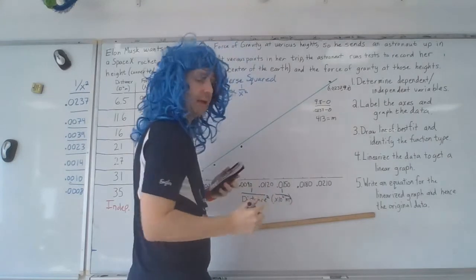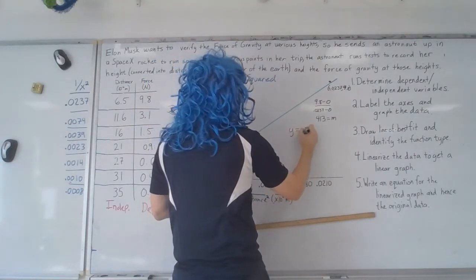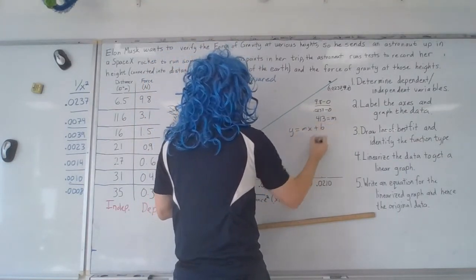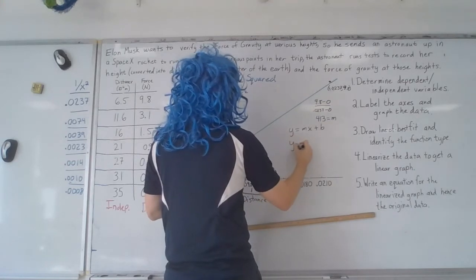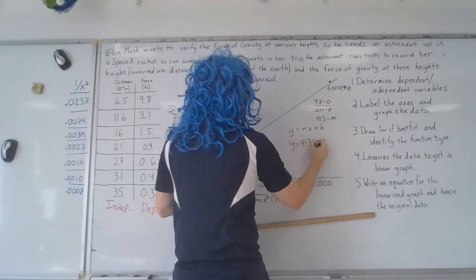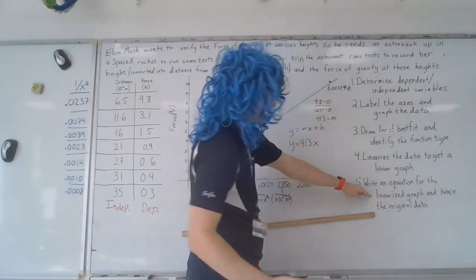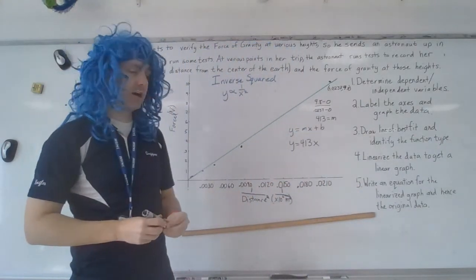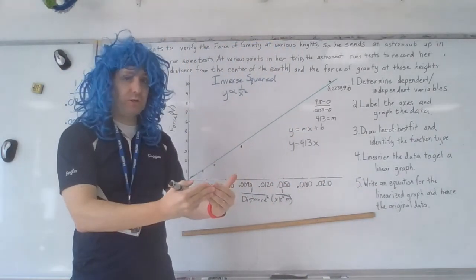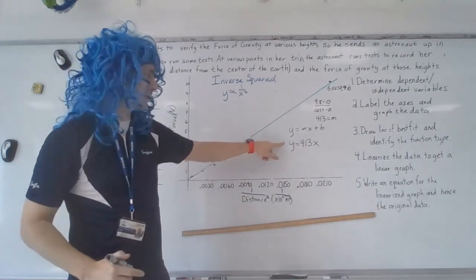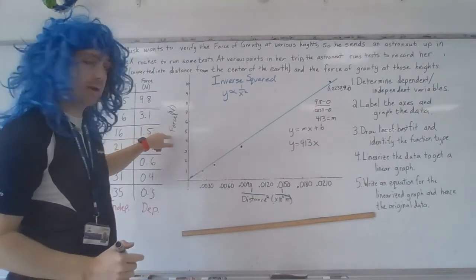So now I should be able to go y equals mx plus b. So it'll be y equals 413x. But this is the equation for the linearized graph, and we want it for the original data. Right now it's just y and x. So for y, I'm going to put in the force.